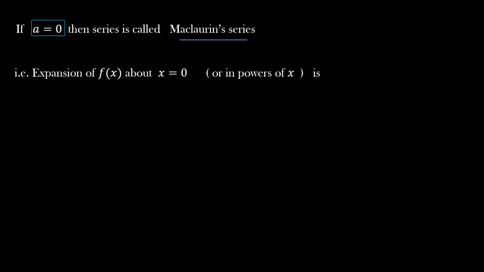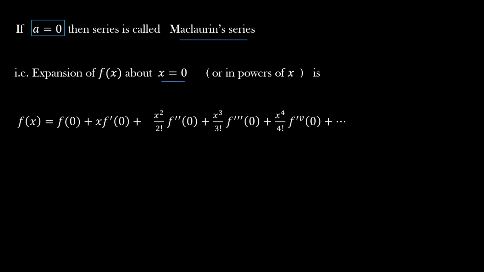When a is equal to 0, the series is called Maclaurin series. So the Maclaurin series expansion of the function f of x is given by f of x is equal to f of 0 plus x into f dash of 0 plus x square by 2 factorial into f double dash of 0 plus x cube by 3 factorial into f triple dash of 0 plus x to the power 4 by 4 factorial into fourth derivative of f at 0, and so on.